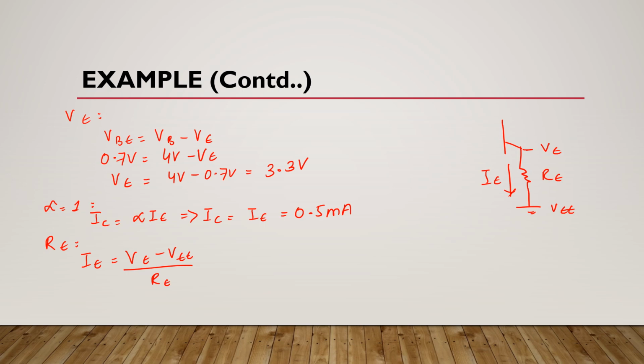So for RE, this equation will become VE minus VEE divided by IE. Here this VE is 3.3 volts, VEE is grounded, it means it is 0 volts, and IE is 0.5 milliamperes. So after solving this, you will get 6.6 kilo ohms. So this is your answer.